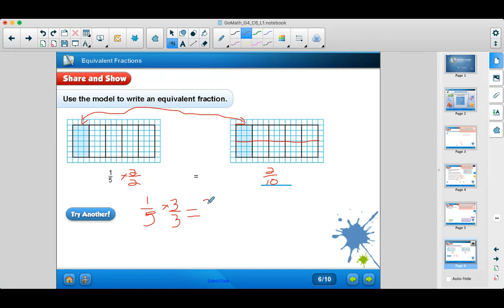And that's 3/15. Now, I can use the butterfly method to see if 1/5 is equivalent to 3/15. Let's try that. 1/5, is that equivalent to 3/15?